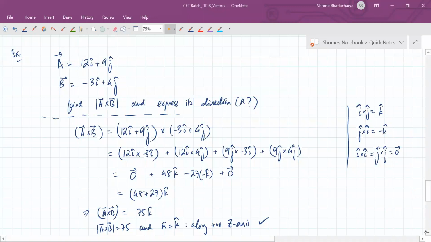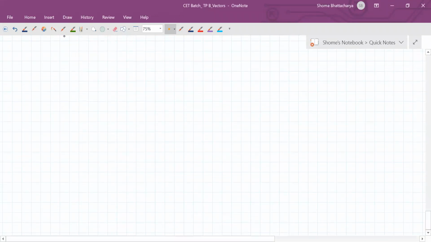Okay, so next thing we will see is that this kind of operation we will convert into a general formula. Okay. So the general formula for the cross product in component form.